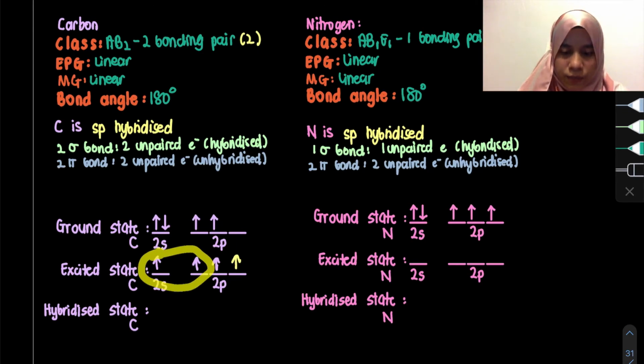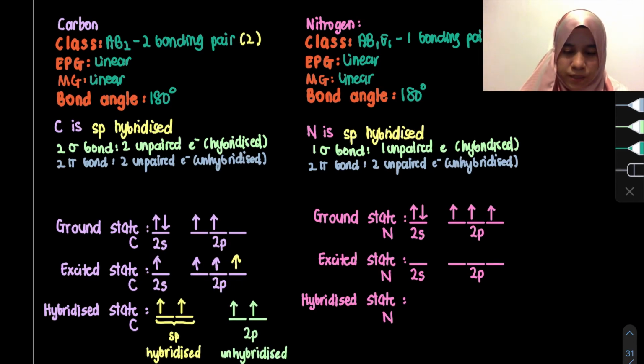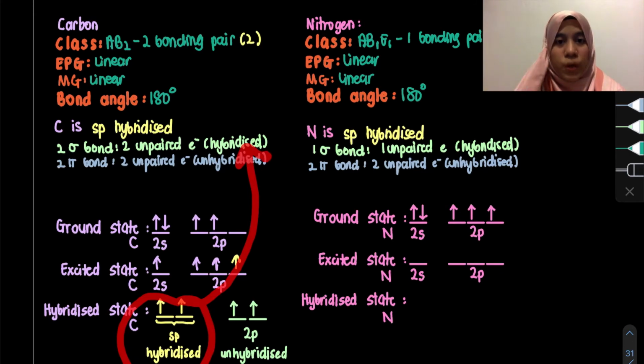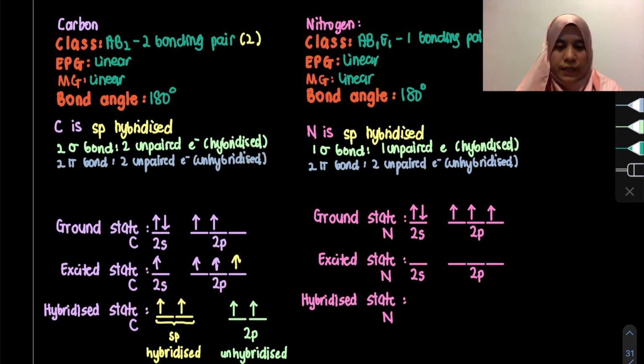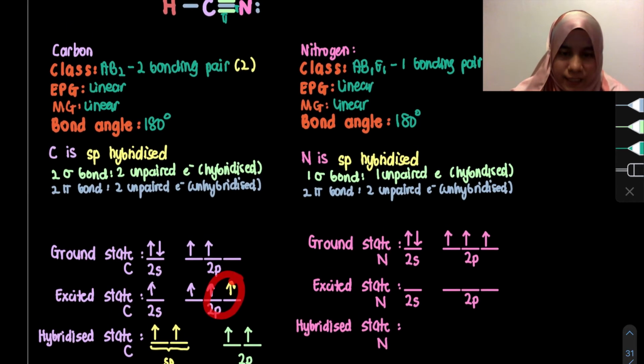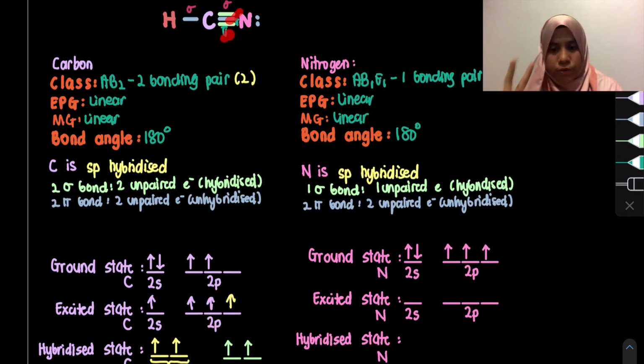Yang ini kita akan tuliskan sebagai 2p unhybridized orbital. Ni sp hybridized ni. sp hybridized ni is for this one. 2 unpaired hybridized tu for our sigma bond. Yang 2p unhybridized tu kita jadi our pi bond. Remember, yang ini kenapa ada 2 pi bond? Kan kita kat sini ada 1, 2. We have 2 pi bond. Okay, so that's for the case of carbon itself.